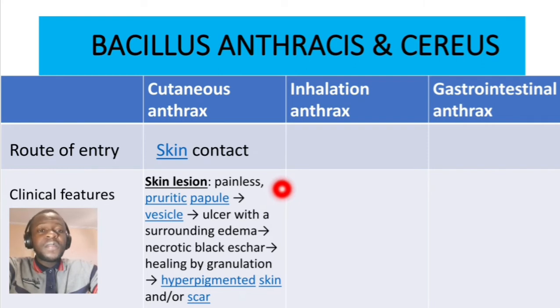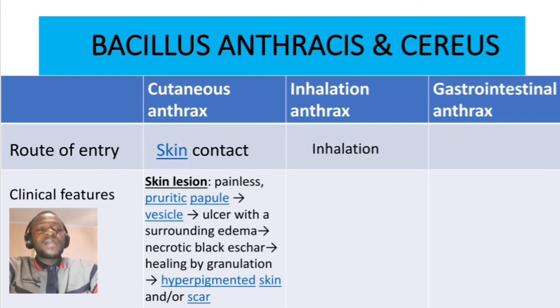The key thing is that the lesion is painless, but it can be pruritic. It goes from a pruritic purple lesion to a vesicle, and then an ulcer with surrounding edema, leading to a necrotic black eschar, and it can heal by granulation. At the end, we can have hyperpigmented skin or a scar. In brief, this is all about cutaneous anthrax.